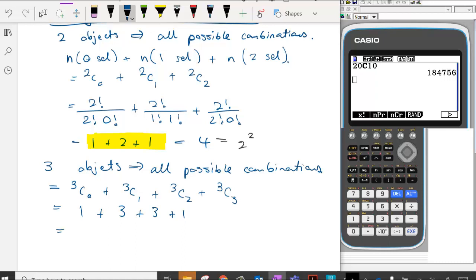That adds up to give us 8. Again, I feel like you'll recognize this pattern, 1, 3, 3, 1. And I'm going to point out that 8 is 2 to the power of 3. Now, I'm not going to waste our time anymore. I'm hoping that you can see these values come directly from Pascal's triangle.